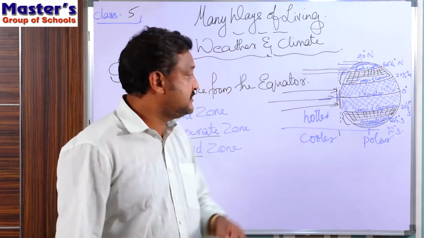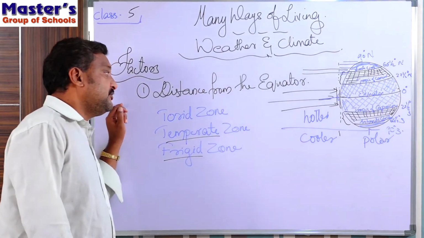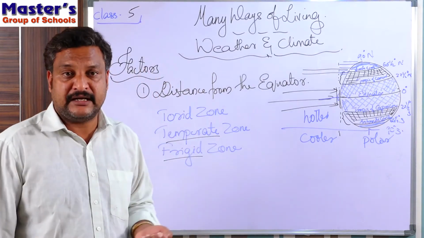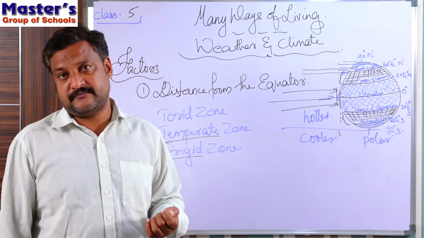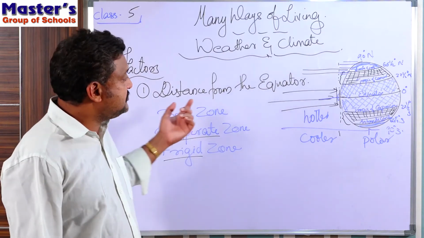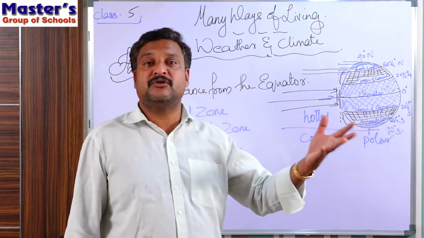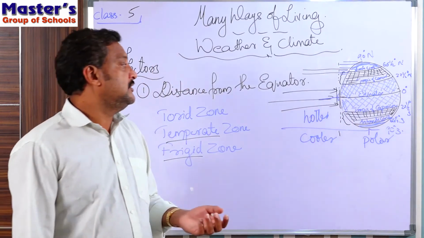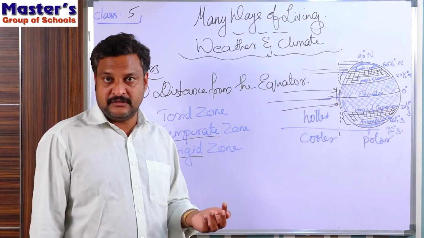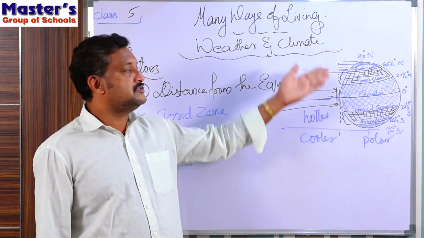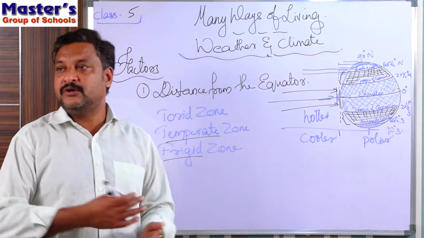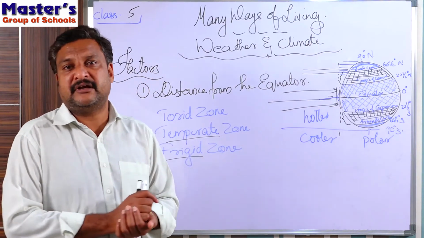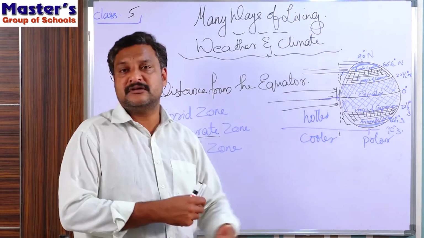Okay, so that is how the distance from the equator plays a vital role in deciding the climate of a region. Okay, so the equator receives the maximum amount of sunlight, the hottest sun rays on the earth. It's very hot in this region, and as we go north and south, it reduces and reaches very cold climatic conditions on the North Pole and South Pole.